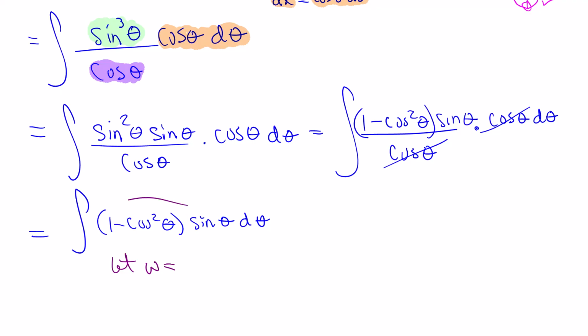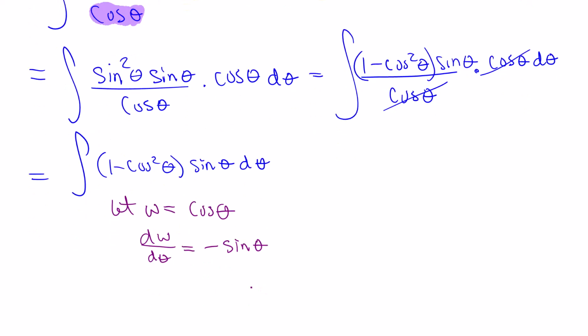What kind of substitution would you do in an integral like this? Think back to what you know about substitution, right? It would help to let w equal cosine theta. Why? Because then if you took the derivative, with respect to theta, you'd have dw d theta equals the derivative of cosine theta, which would be negative sine theta.